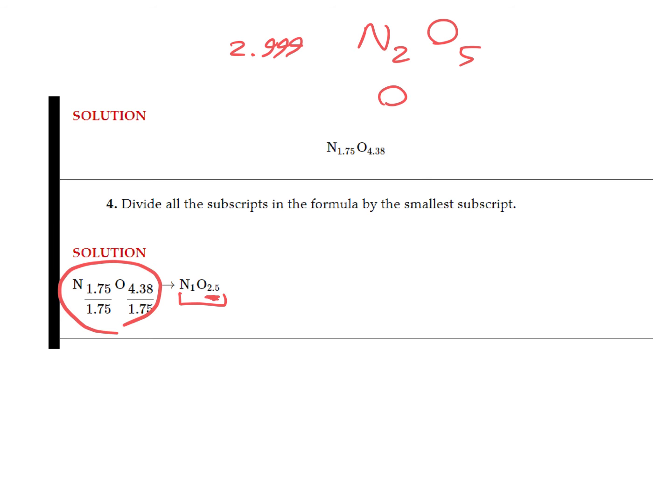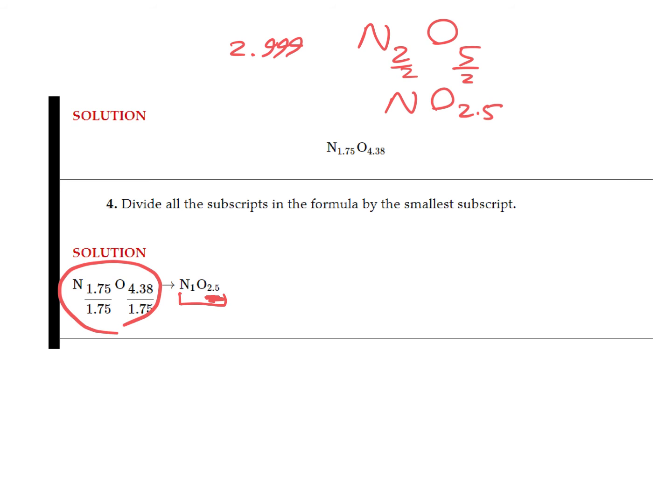And if I divide everything by 2, it would be NO2.5. So if I round this number, I get another compound. Does that make sense? So you round the ratio only when it is really, really close to a whole number. But this number, 2.5, we don't round that. So this is the short answer.